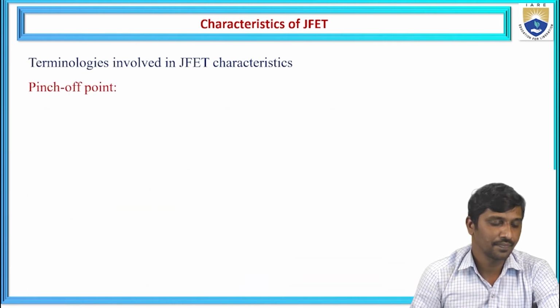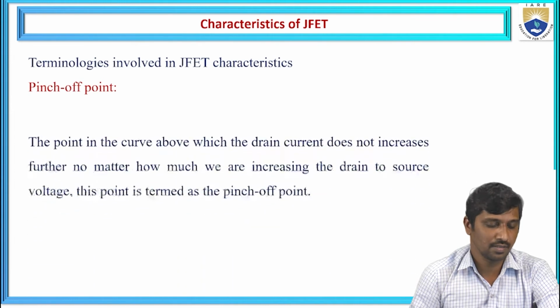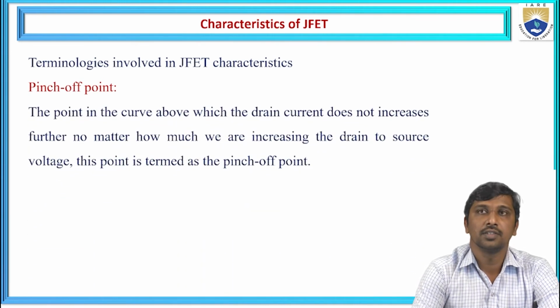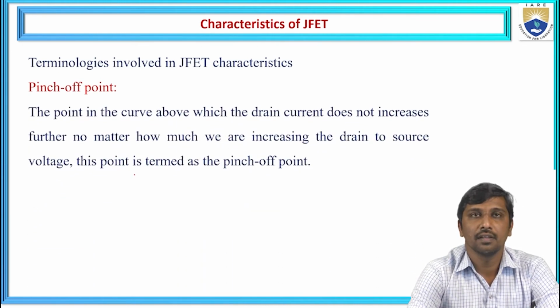Similarly, what is the pinch off point? At this point, the drain current becomes constant, meaning it does not change. It becomes saturated even if you increase the drain to source voltage.